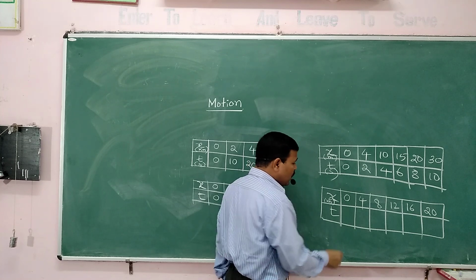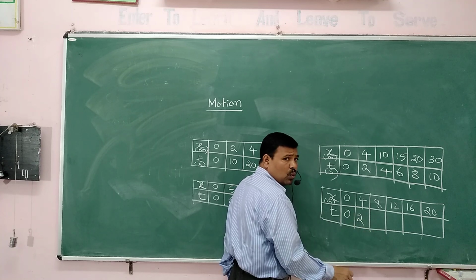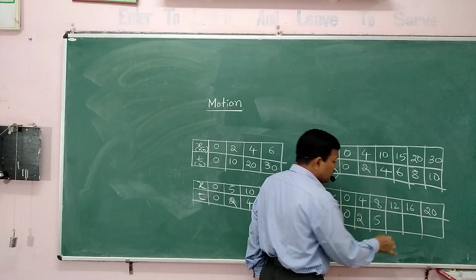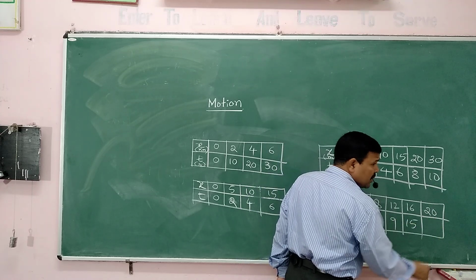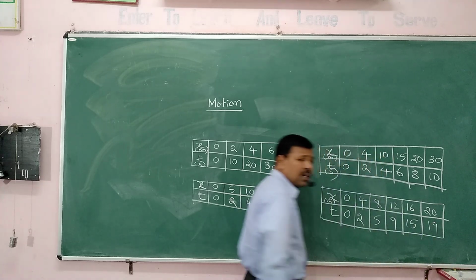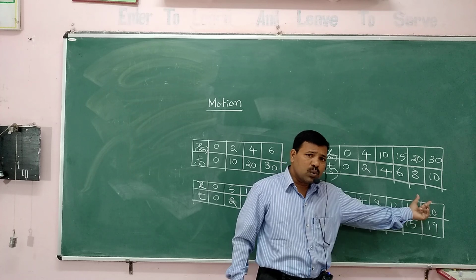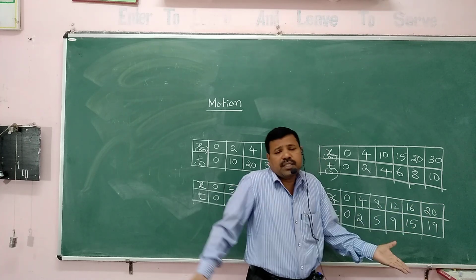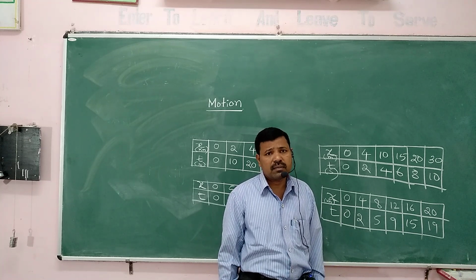Time, unequal time: 0, then 2 seconds, then 5 seconds, then 9 seconds, then 15 seconds, then 19 seconds. A body covered equal distances in unequal time. Such a body is said to have non-uniform motion.